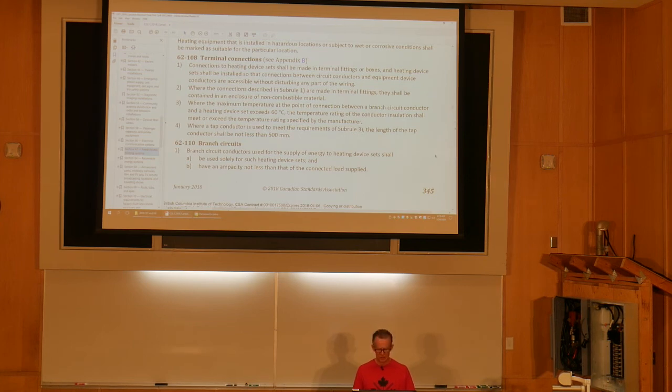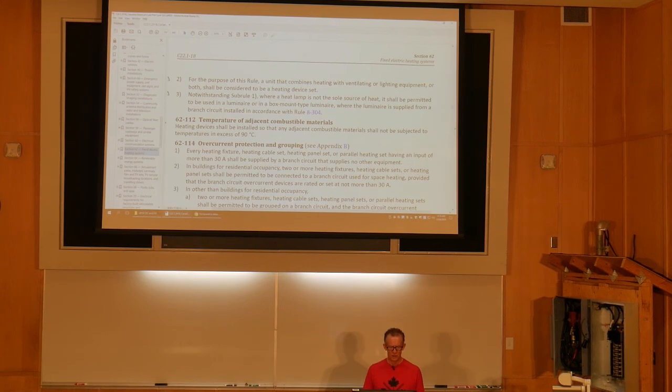Branch circuits used for the supply of energy to heating device sets shall A, be used solely for such heating device sets and have an ampacity not less than that of the connected load supplied. 2, for the purpose of this rule, a unit that combines heating with ventilating or lighting equipment or both shall be considered to be a heating device set.